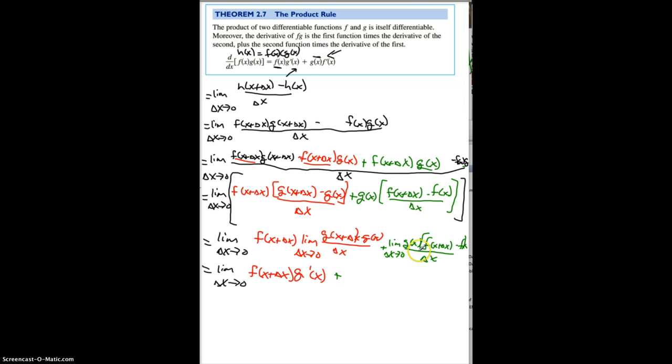This is just g of x times the derivative of f of x. So as I take the limit as delta x goes to 0, I get, well, this is just f of x g prime of x plus g of x f prime of x. Be able to do that.